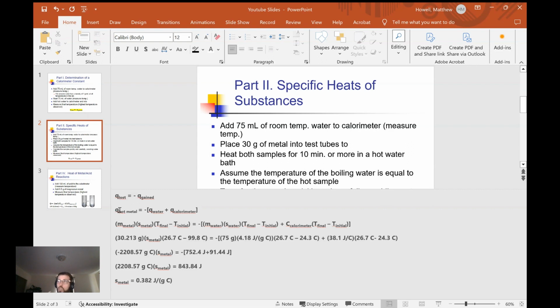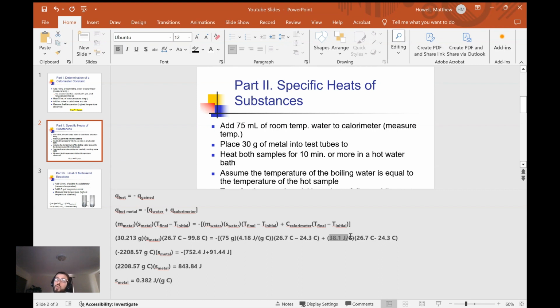So Q is going to be m s delta T for both the metal and the cold water. And in this case, now we can say that the Q of the calorimeter is still going to be C delta T. But now, from the last problem, we actually have an experimental value for our calorimeter.